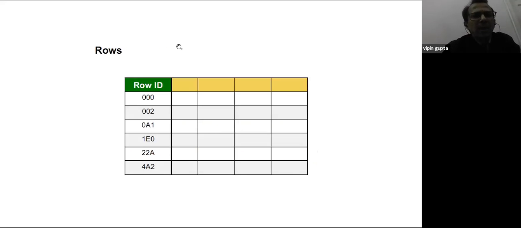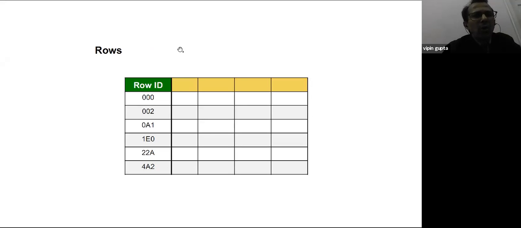Now, please remember, any database should support 4 things: inserting the data, updating the data, deleting the data, and reading the data. Sometimes we call these CRUD operations: create, read, update, and delete.